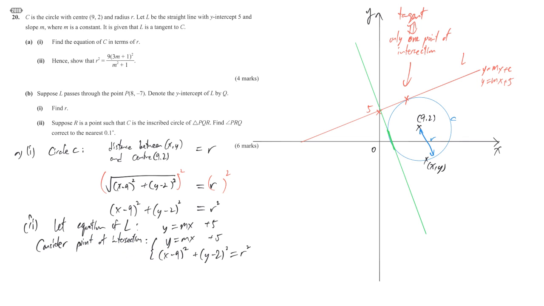To know more about the intersection, we try to substitute so that there is only one variable, either x or y only. So we substitute into (x minus 9) squared plus (something minus 2) squared equal to R squared. And because y is already the subject, it's easy for us to replace y by mx plus 5.